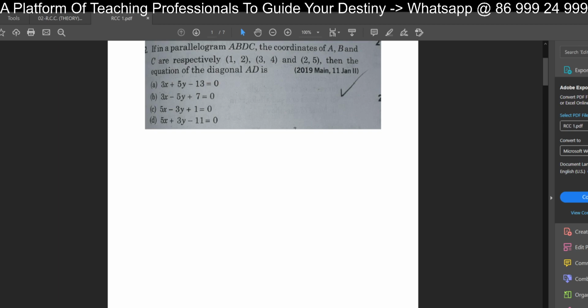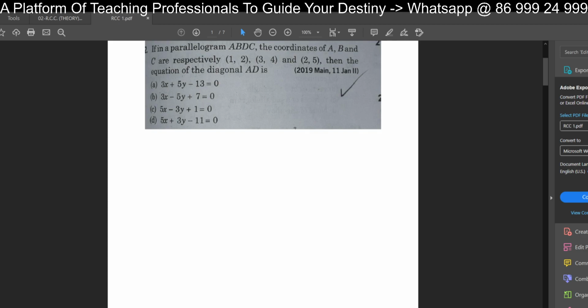Let us write it in the second option, B. Three into 5 by 2 minus 5 into 9 by 2 plus 7.